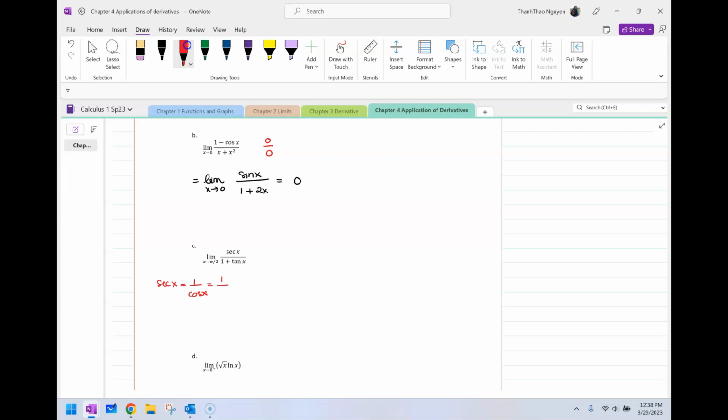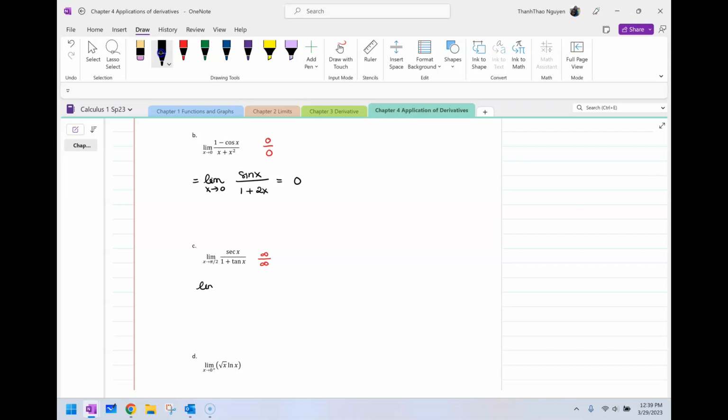It's going to 0. It is a very small number. This means that the numerator goes to infinity. Yeah. 1 plus tangent of x, tangent of pi over 2, goes to positive infinity. So this is infinity by infinity as our indeterminate form.